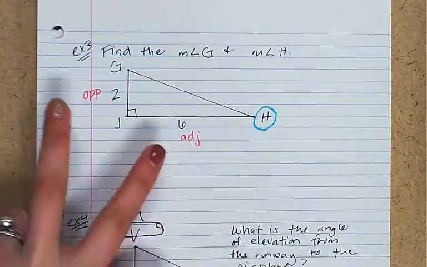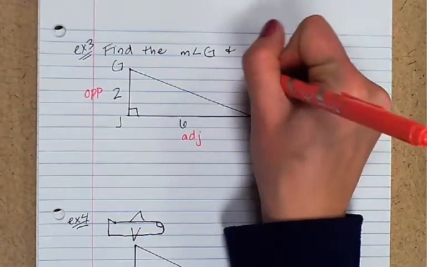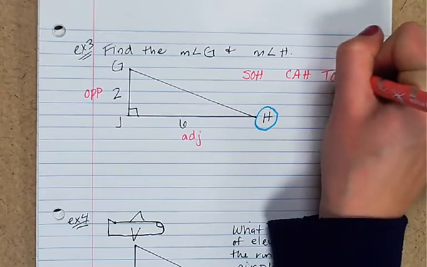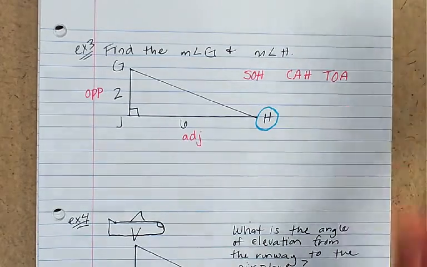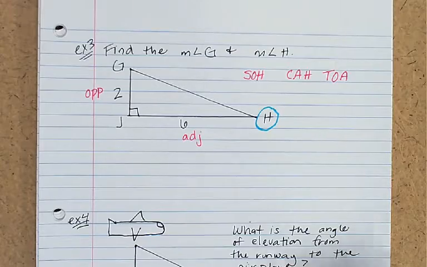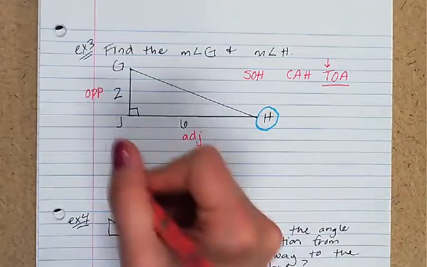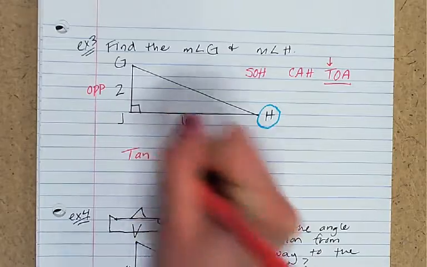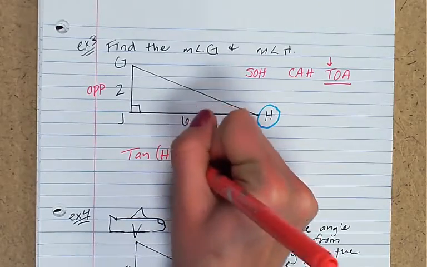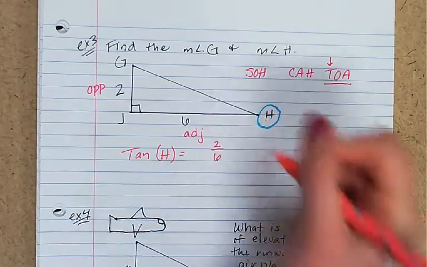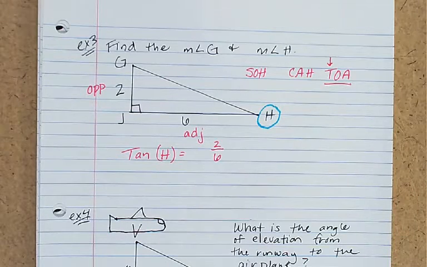Since we were given the two values for opposite and adjacent, we have to decide which trig function to use. Which trig function has the O and the A? That means we have to use tangent. So tangent of angle H equals opposite over adjacent. You can simplify that if you want, but you don't have to.